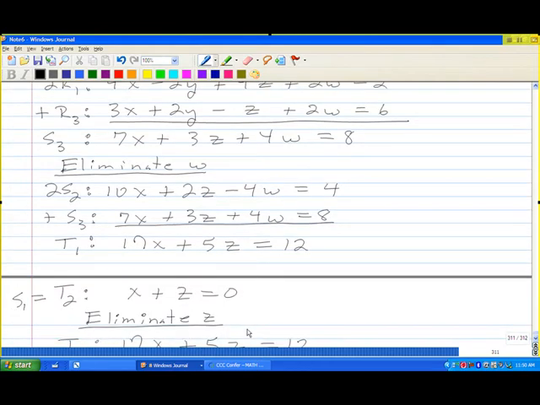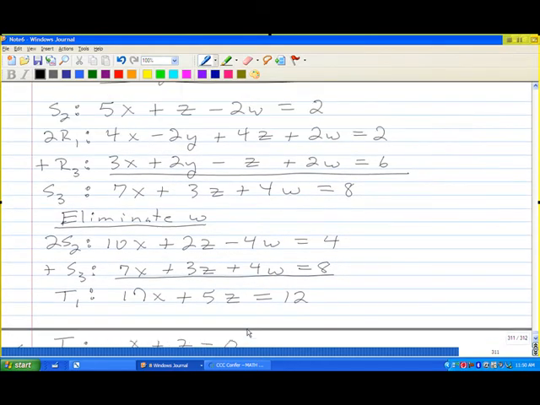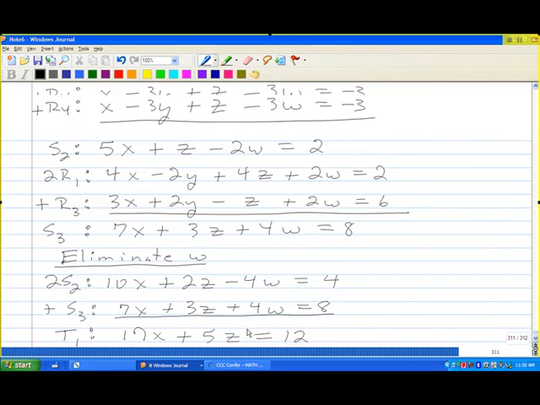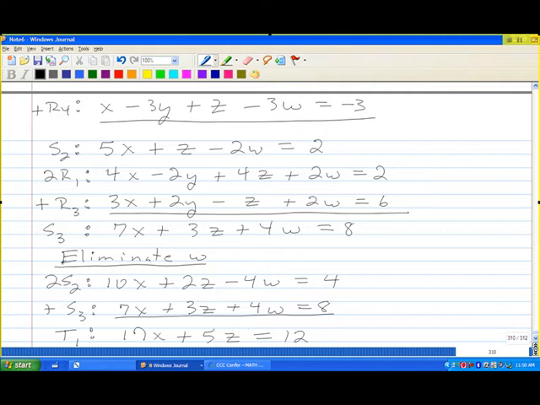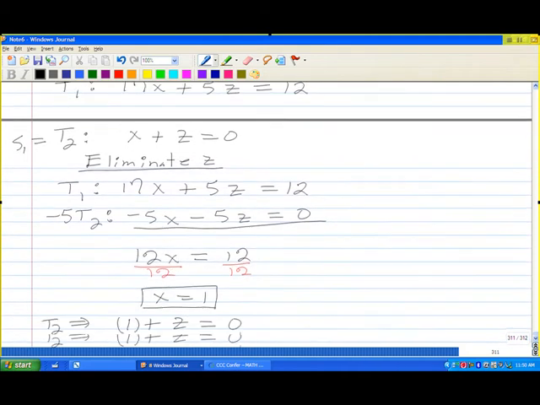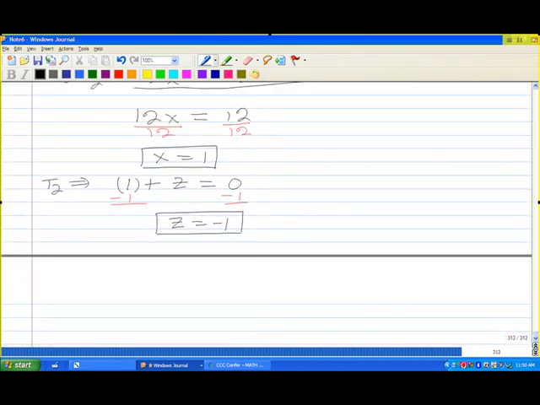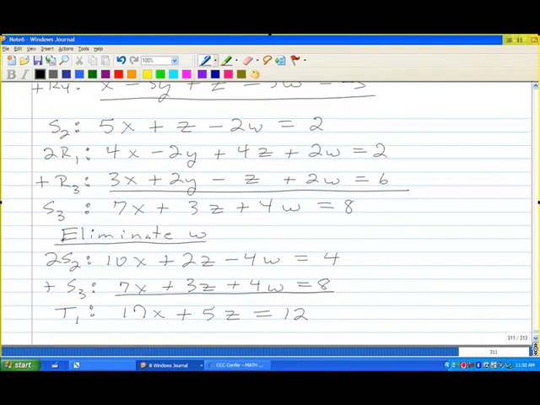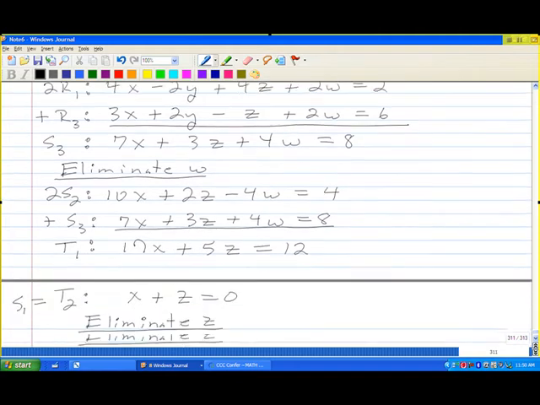I guess S3 is, none of them is tremendously easy, but it's either S2 or S3, but yeah, maybe S2. So 5x plus z minus 2w equals 2.